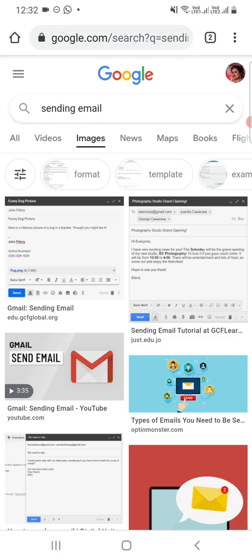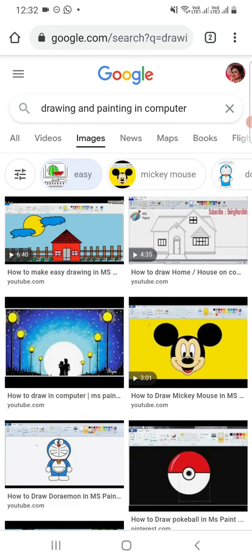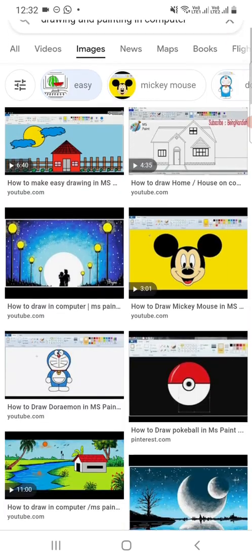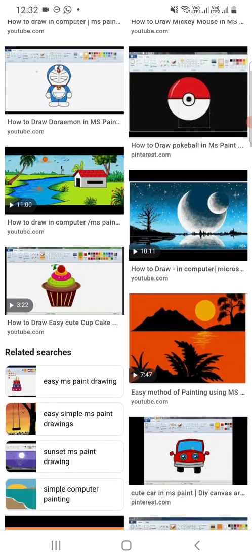Next one, what is that? Drawing and painting. So you can easily draw some pictures or you can easily paint something in the computer by using the Paint app or any other app. You can see there are so many images.